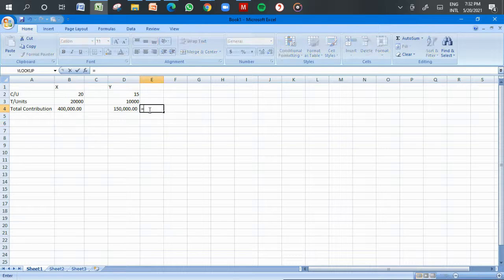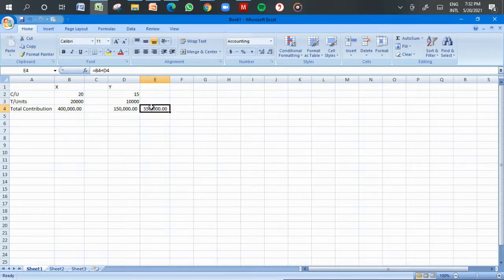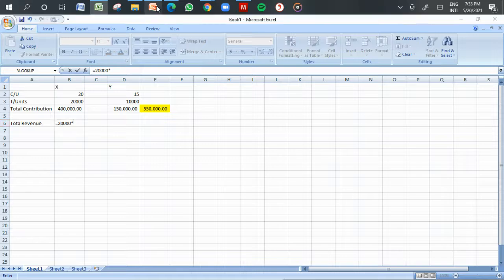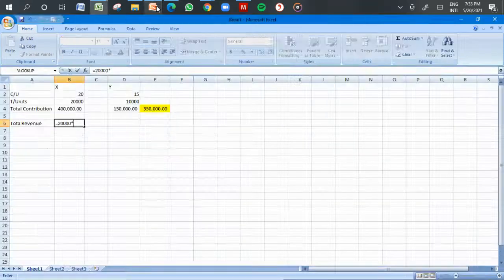So in total, we'll be saying the 400,000 plus the 150,000. So 550,000 is our total contribution. Then we divide this by total revenue. And how do we determine our total revenue? Here, for X, we are told that we have 20,000 units, and the selling price for X is 50.